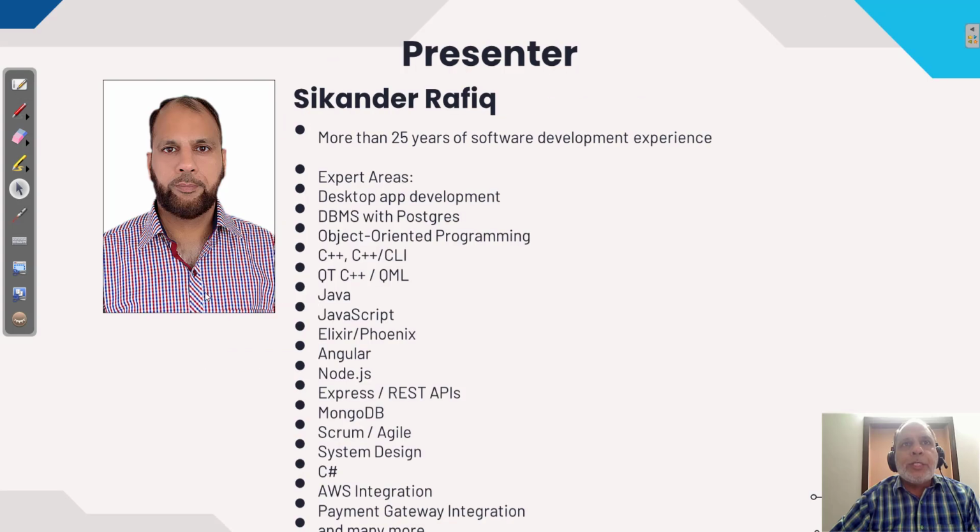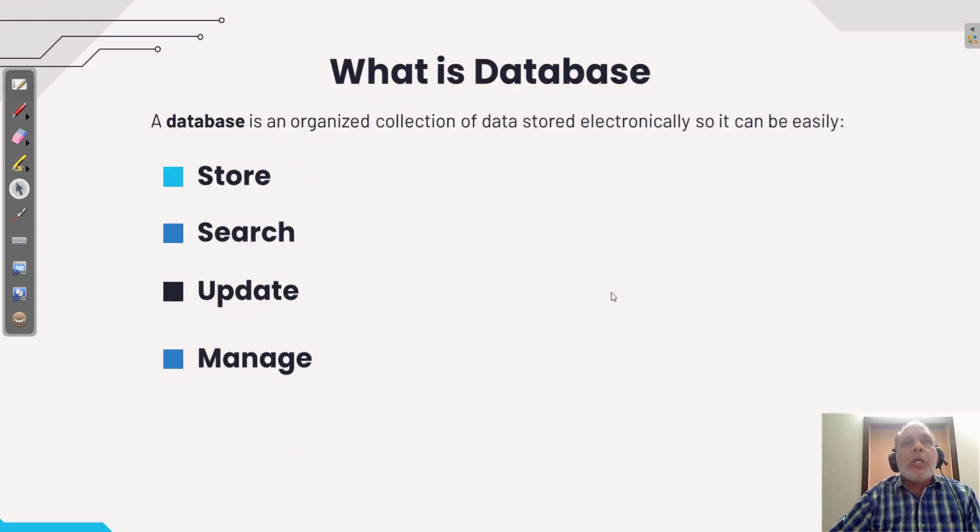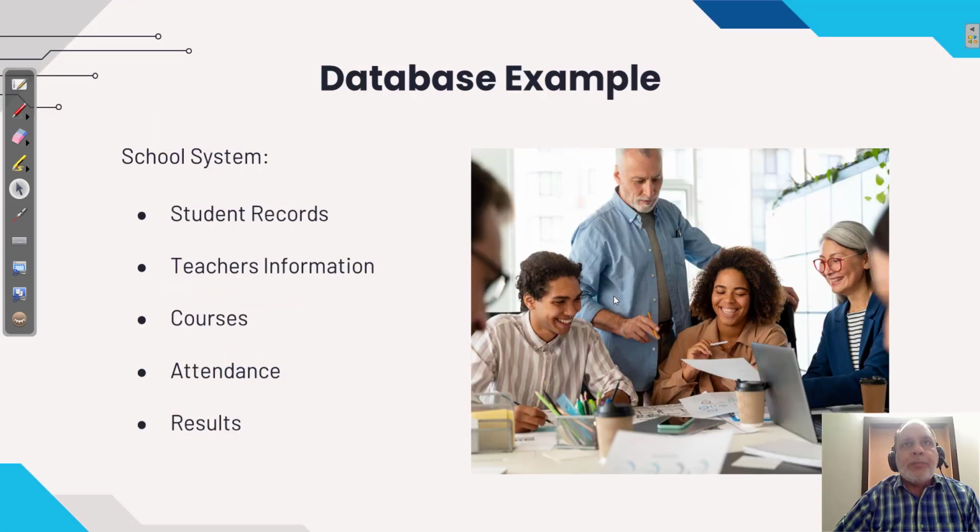So database is the hub where we are storing all the information for our system. Maybe it is a banking system or the school system, etc. A very simple database example is the school system.